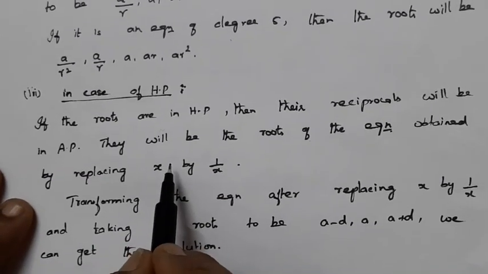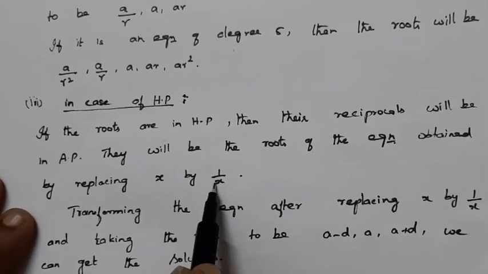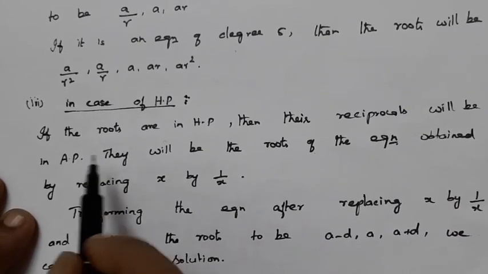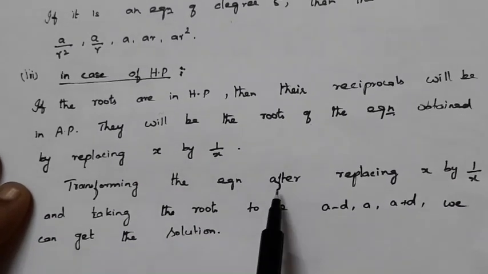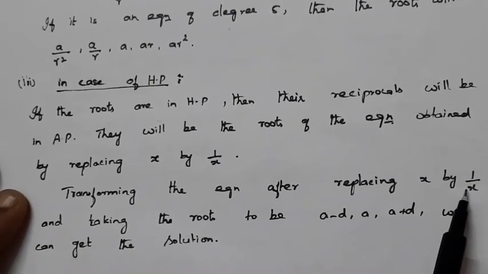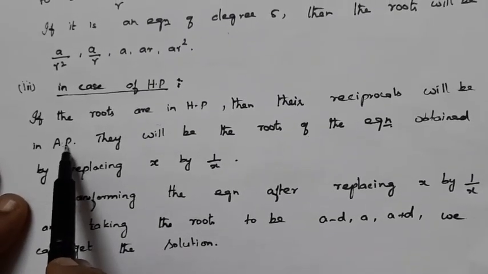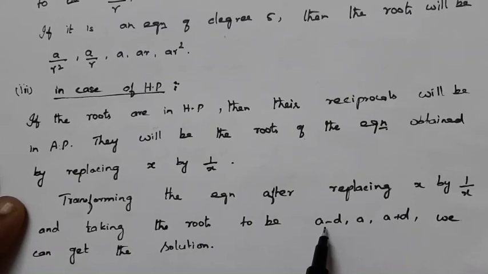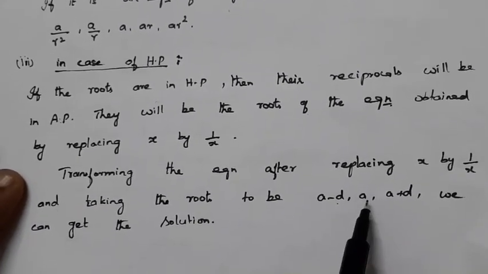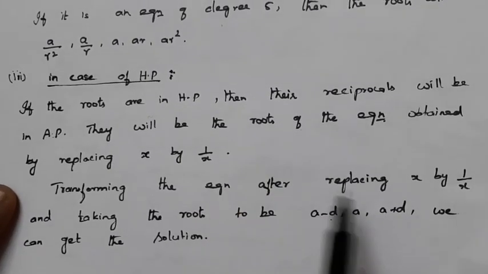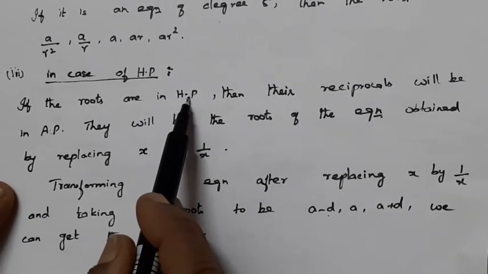That is, in the given polynomial equation, you have to replace x by 1 by x. For that equation, the roots which are in AP will be taken as a minus d, a and a plus d, and then by solving this we get the values of a and d, and hence we can take the reciprocals to get the required roots, okay.